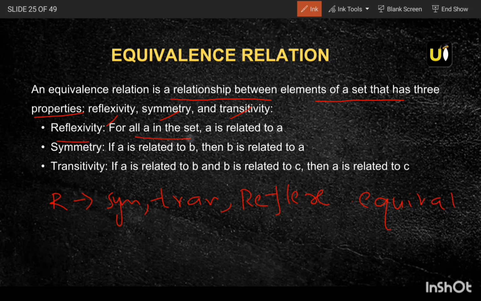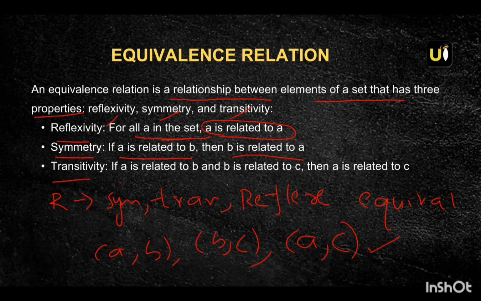What is reflexivity? For all A in the set, A is related to A. What is symmetry? If A is related to B, then B is related to A. What is transitivity? If A is related to B and B is related to C, then A is related to C. So if these three conditions are satisfied in a given relation, then that is treated as an equivalence relation.